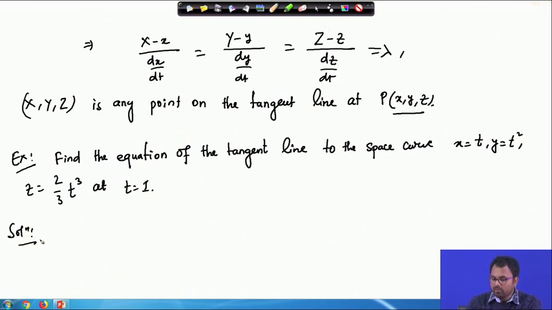So, we have to find the equation of the tangent line to the space curve given by these equations at the point t equals 1.